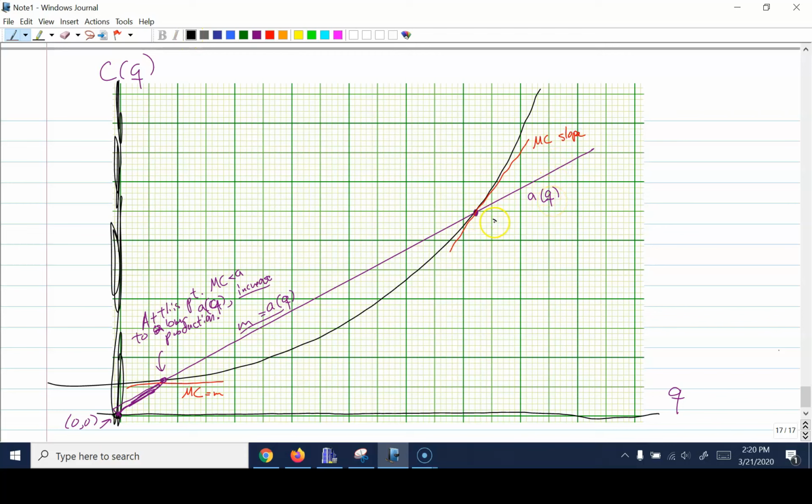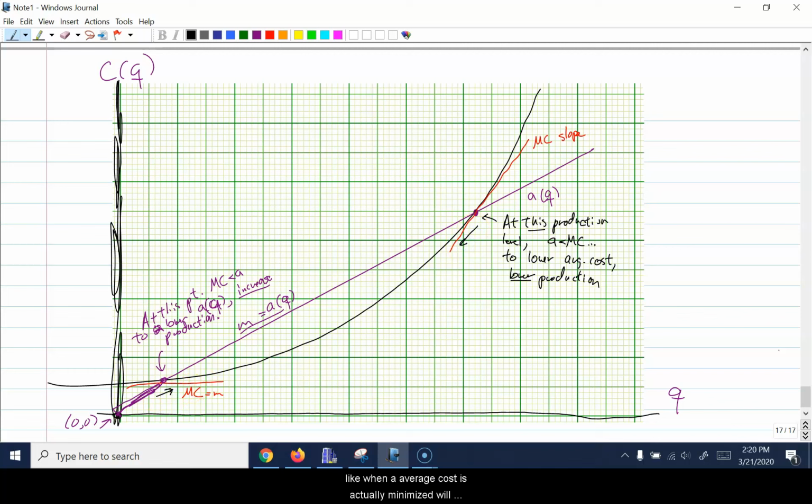So, at this point, at this production level, AC is less than MC. To lower average cost, we should lower production. This one's too low, this one's too high, this is pushing us this direction, this is pushing us this direction.